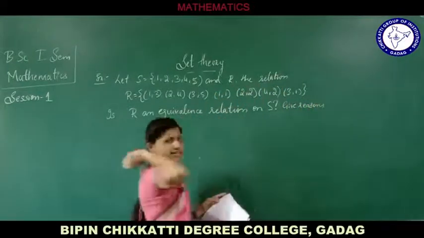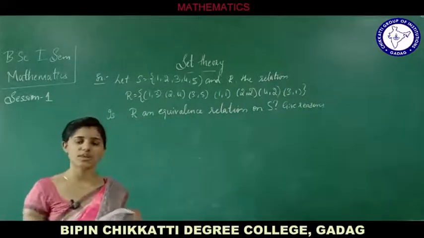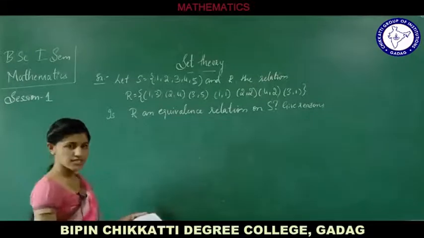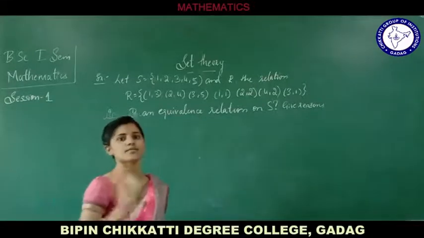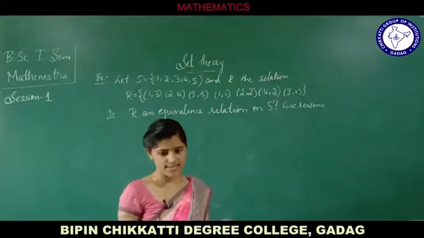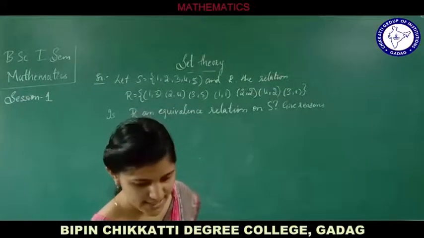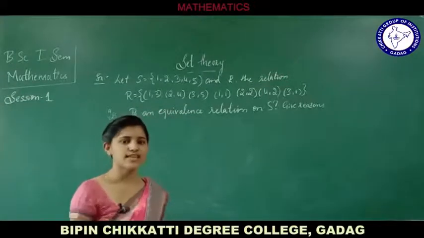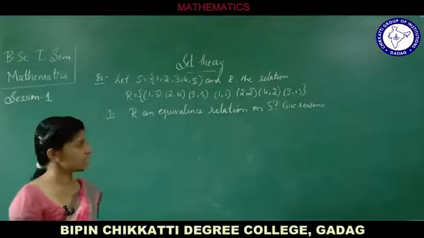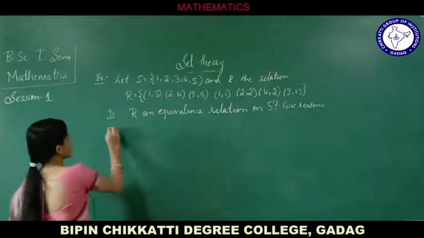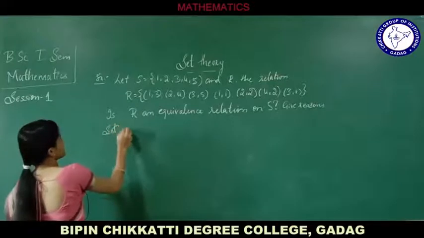Just now we studied that for a relation to be an equivalence, we should first check that it is reflexive, symmetric and then transitive. If all these three conditions are satisfied, then we say that it is an equivalence relation. So let us try for the solution.